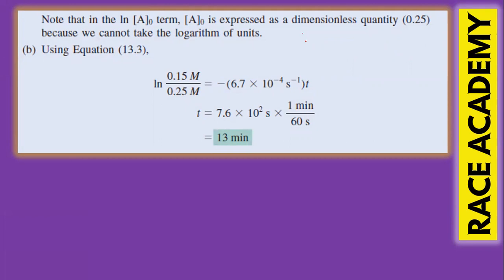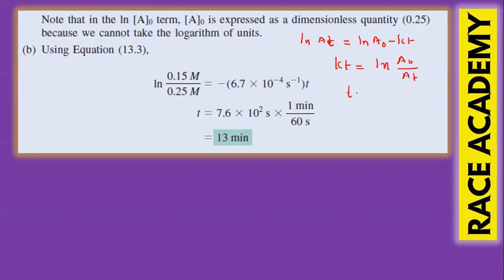What we have obtained from it is ln AT equals ln A naught minus KT, right? From this, they want T. So what is KT from this? KT is equal to ln A naught by AT.